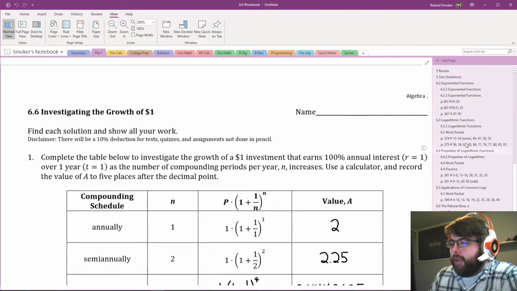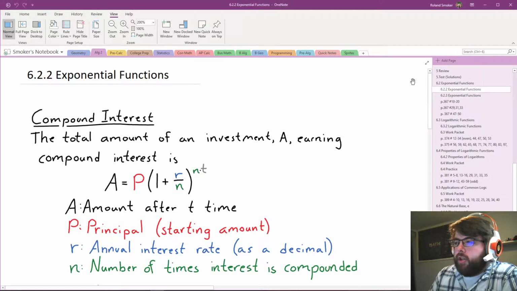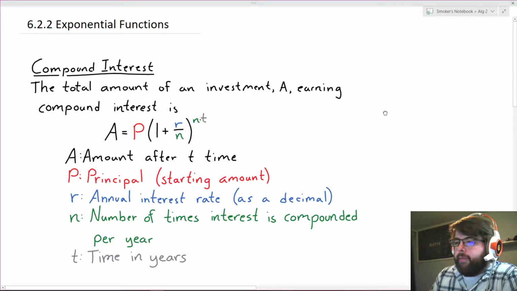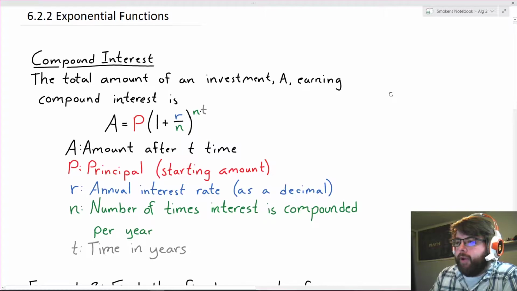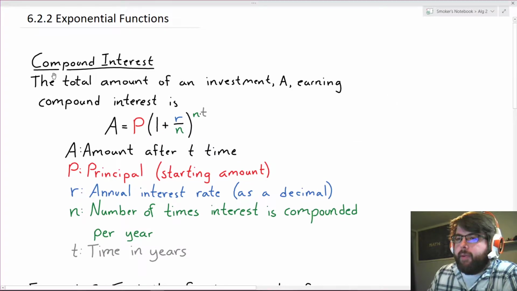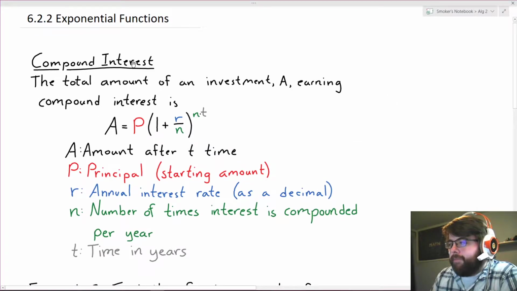Before I actually begin, I'm going to jump back to notes that we took before coronavirus. And you might remember this compound interest formula. Let me just recap this.